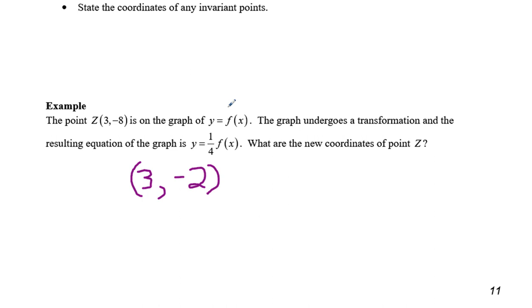Now, I'll share something with you. Classic diploma question would have been, make this divisible by 4. So maybe that 3 had been a 4. So pretend that the original point had been 4, -8. I'm totally changing the question. Let's pretend that was the original point. Well, if we do this, clearly this is going to be the answer. Yeah, I admit it's going to be 4 here, okay?